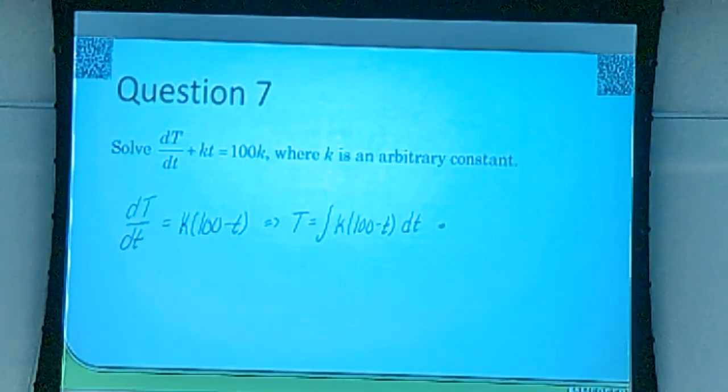You tell me. I would pull it out. That's what I would do too. 100t minus t squared over 2. Is that it?